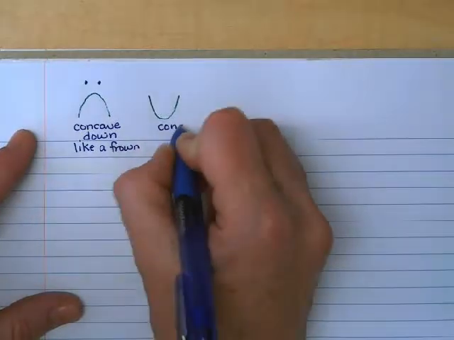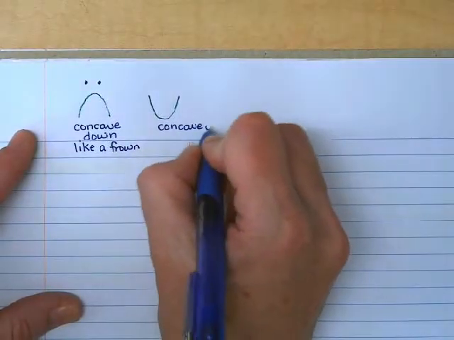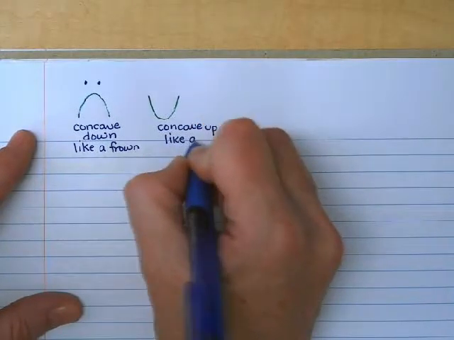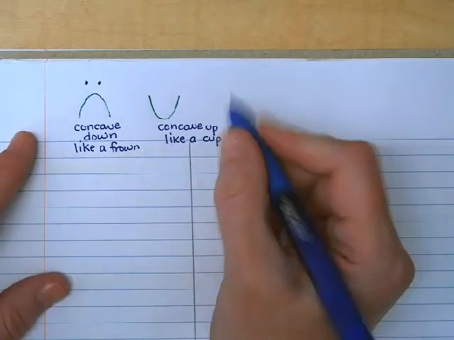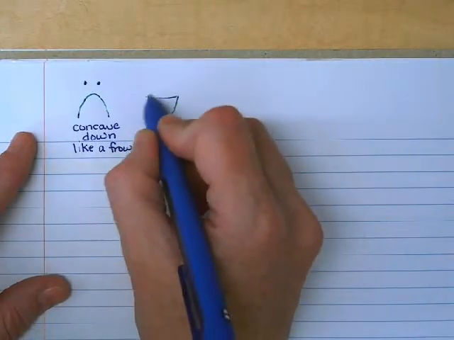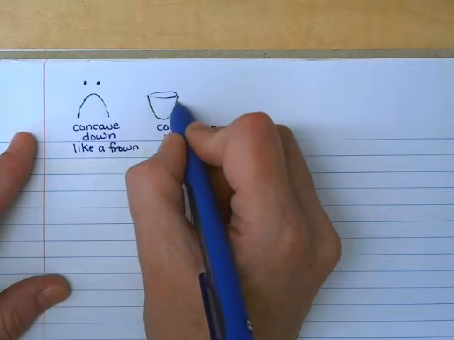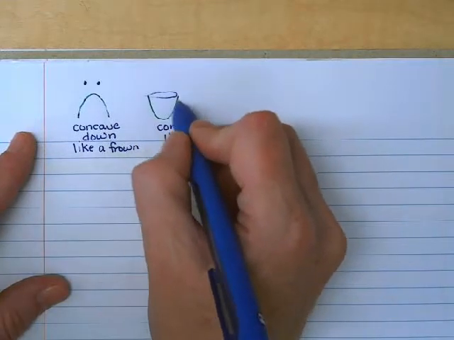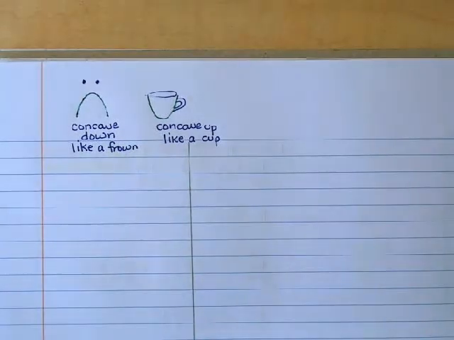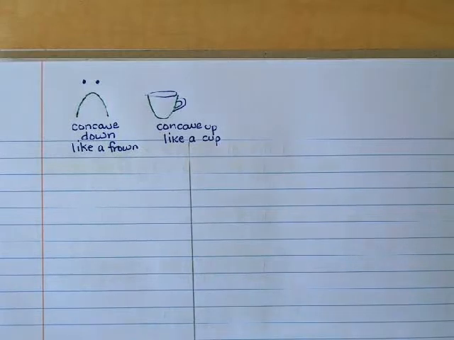This one is concave up, like a cup. Let me see if I can draw a little cup here. Yeah, that looks like a cup. Okay, so that's how you remember if something is concave down or concave up.